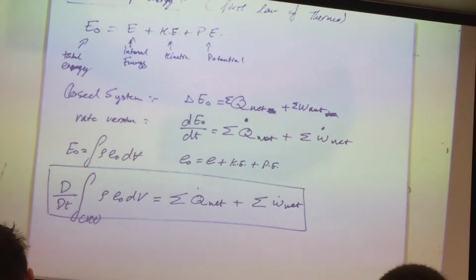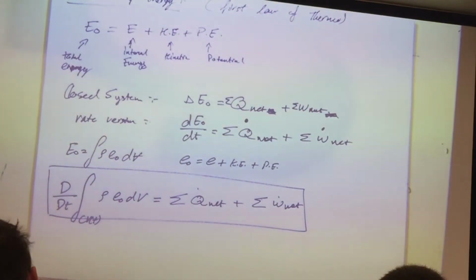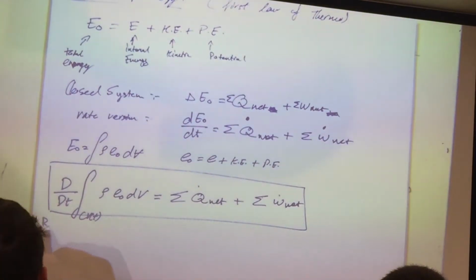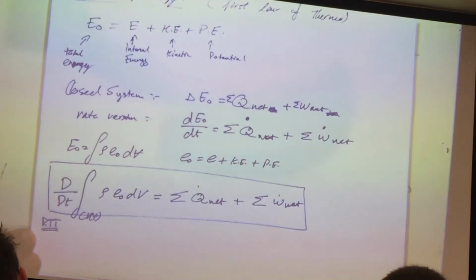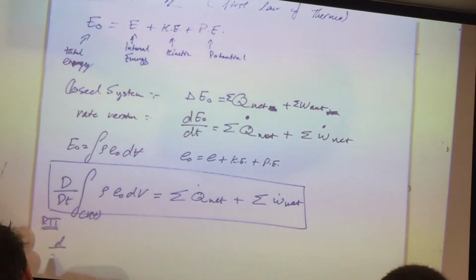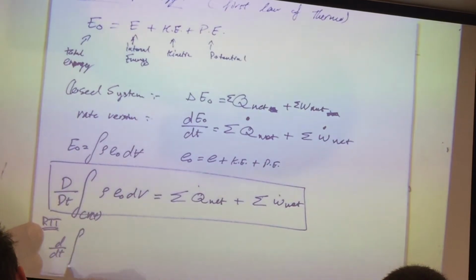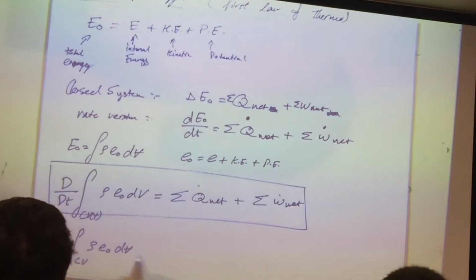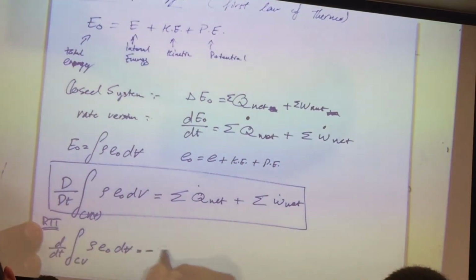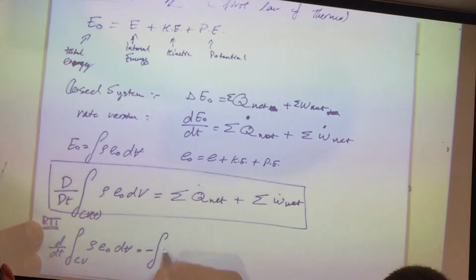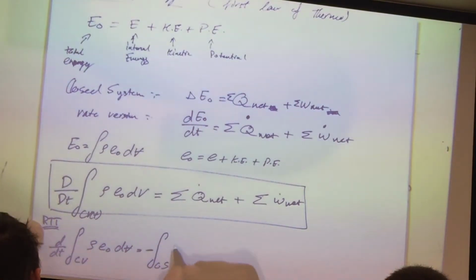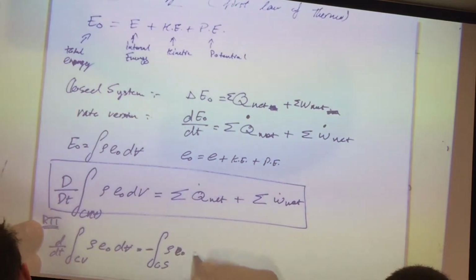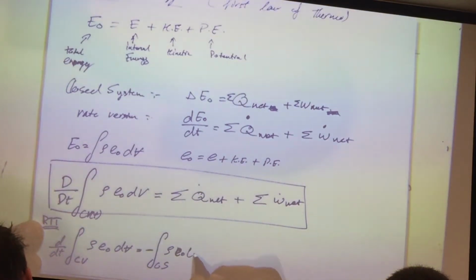From there, I could just decompose it and start doing my Reynolds transport theorem. So let's apply the Reynolds transport theorem. And what am I going to get? I'm going to get d/dt of the control volume integral of rho times total energy, is equal to minus the integral over my control surface of rho times my total energy multiplied by the velocity, dS.